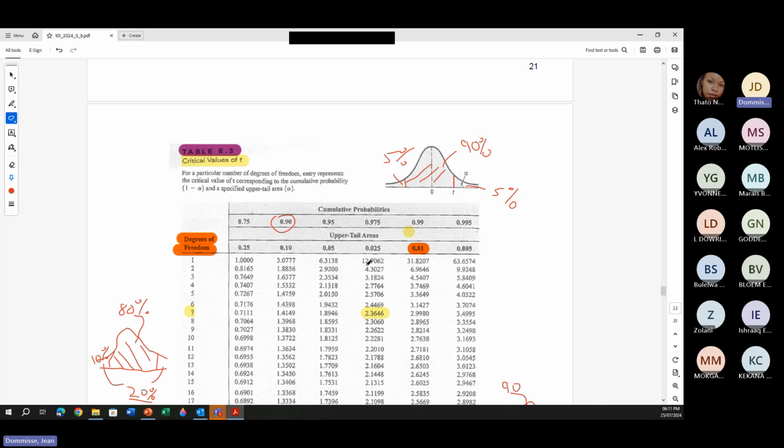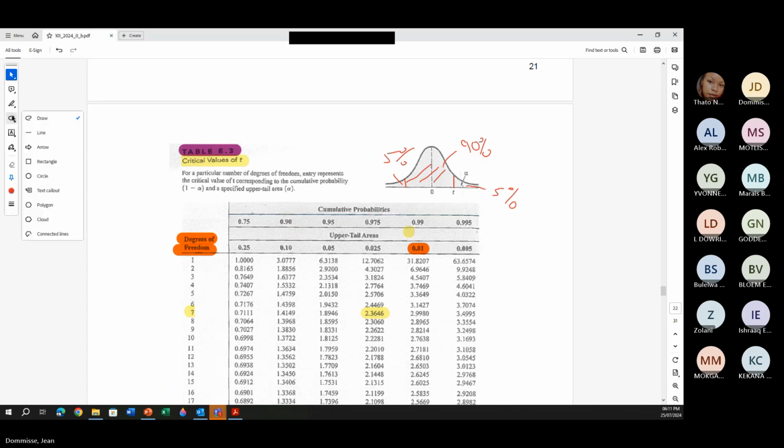Okay, so again, if you look at that component, we are working with an alpha of 5% and not an alpha of 10%. So again, just keep that in mind.